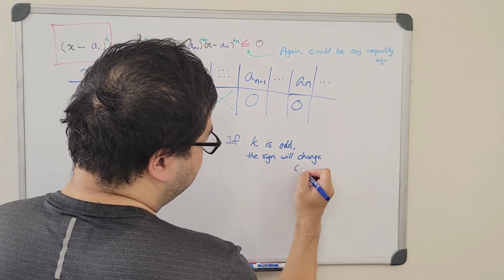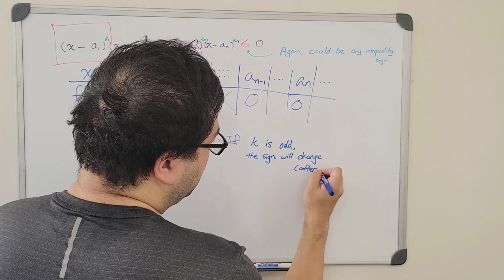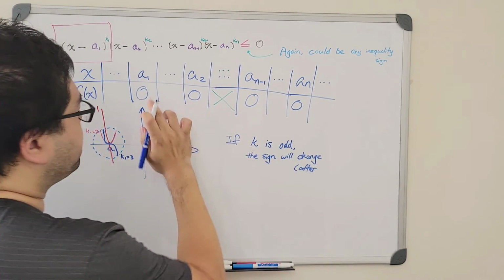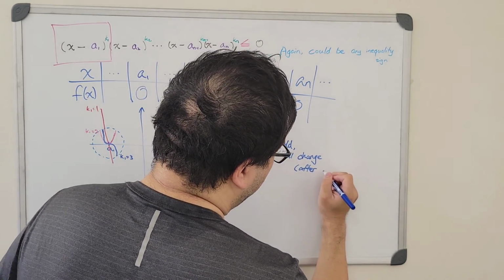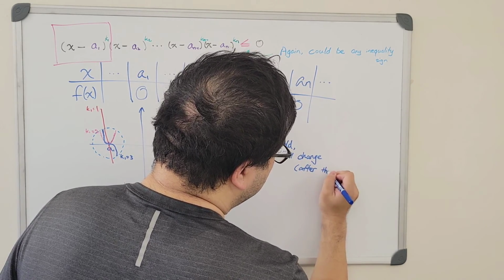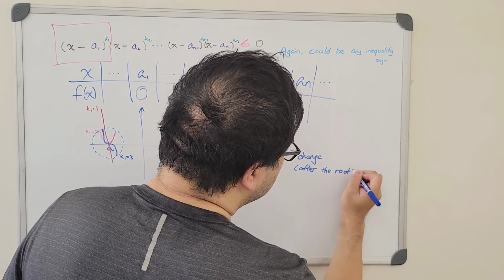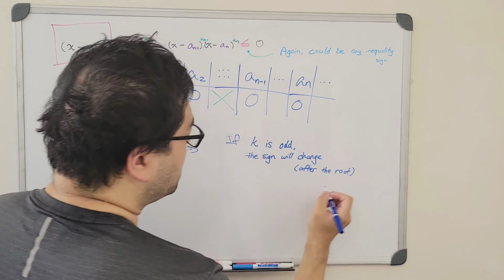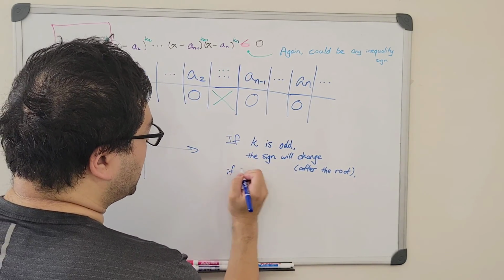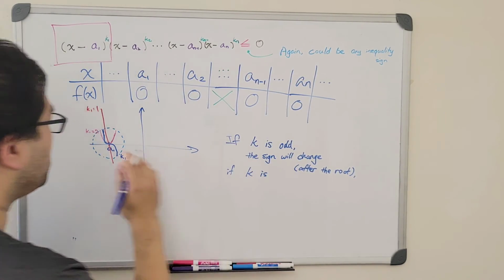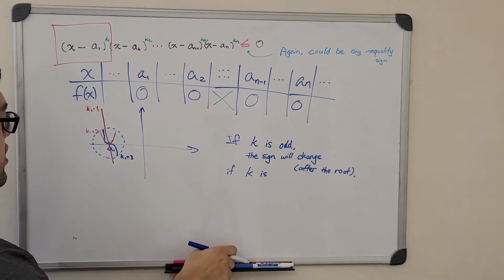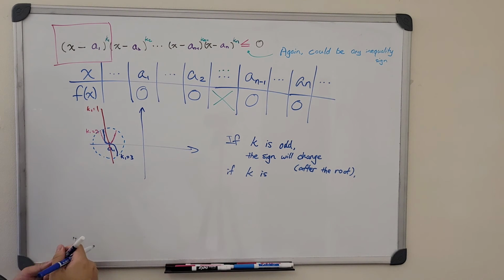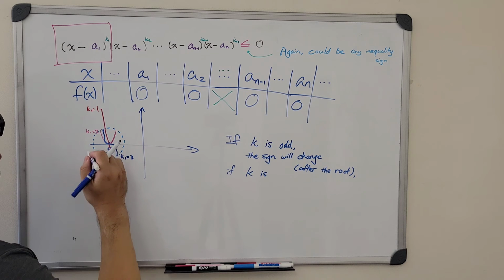Of course, after passing through the roots. Now, if k is even, again, we just saw what happened here. Or we can just do one more example. Let's say k1 is equal to 4.